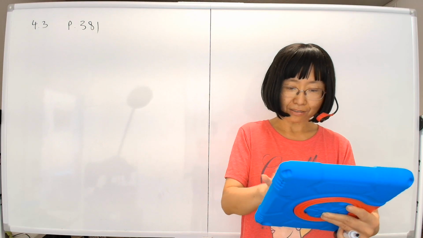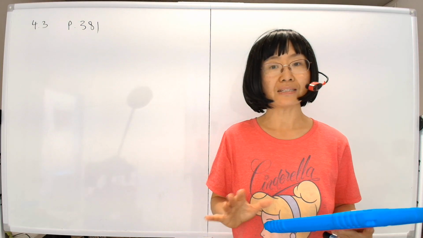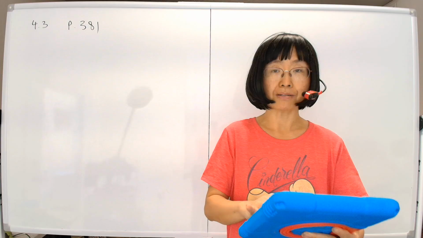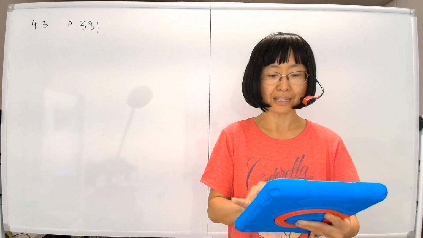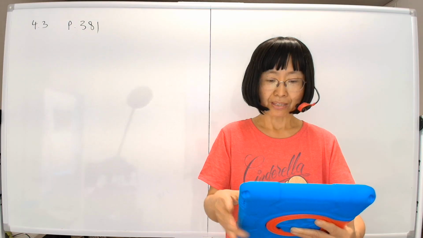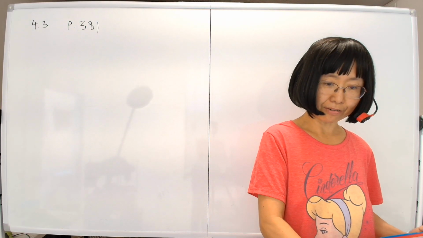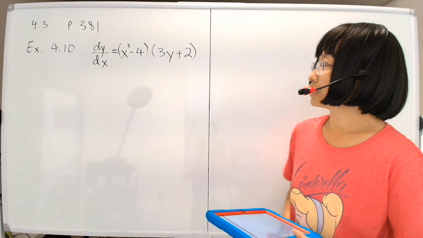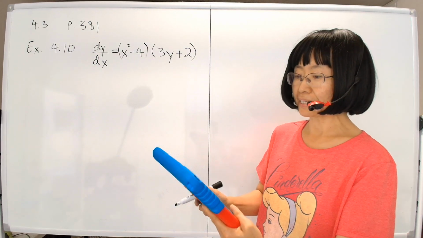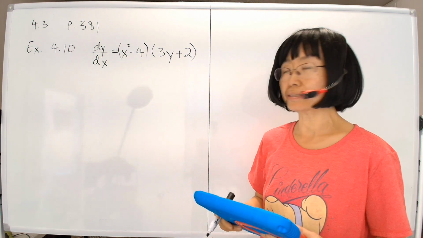Anyway, handling this kind of differential equation is easier because they are separable. What happens then is we can break them into two parts and then integrate both sides and hope that something will come out. To do that, let's look at example 4.10. Example 4.10 says that y prime, which is dy by dx, equals x squared minus 4 times 3y plus 2.